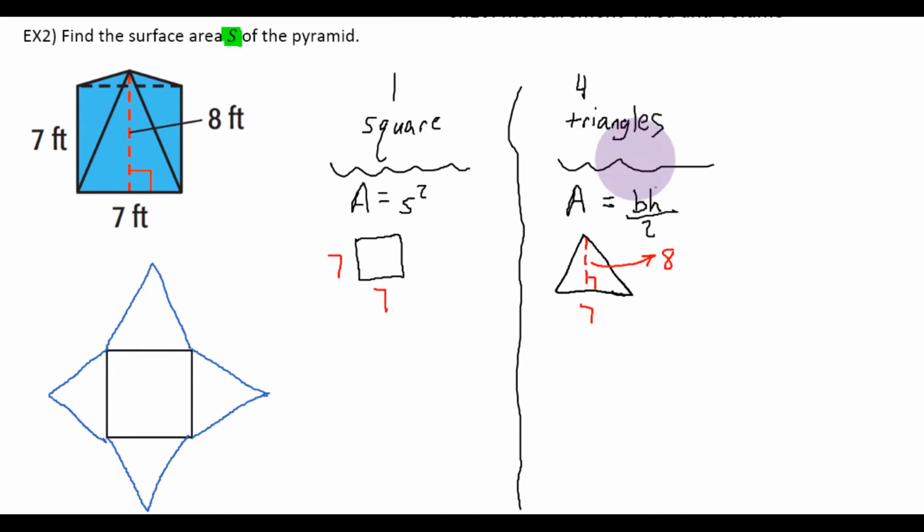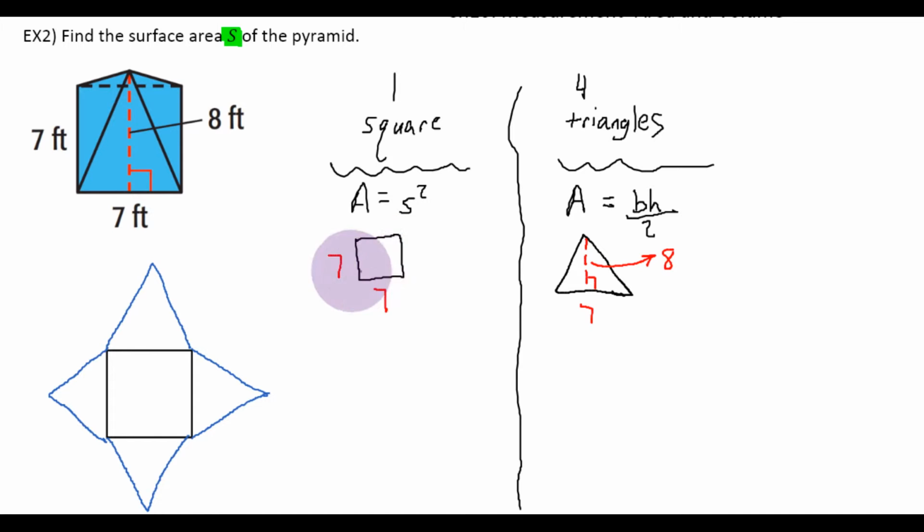Now the next step from here, let's go back to the square formula, and I'm going to substitute values for the formula. So we said the area is equivalent to s squared, but what does this little s mean, and how is it different from this capital S? Well, capital S stands for surface area of the entire 3D figure, or object. And little s represents the side length of this one figure, so the side length of this square.